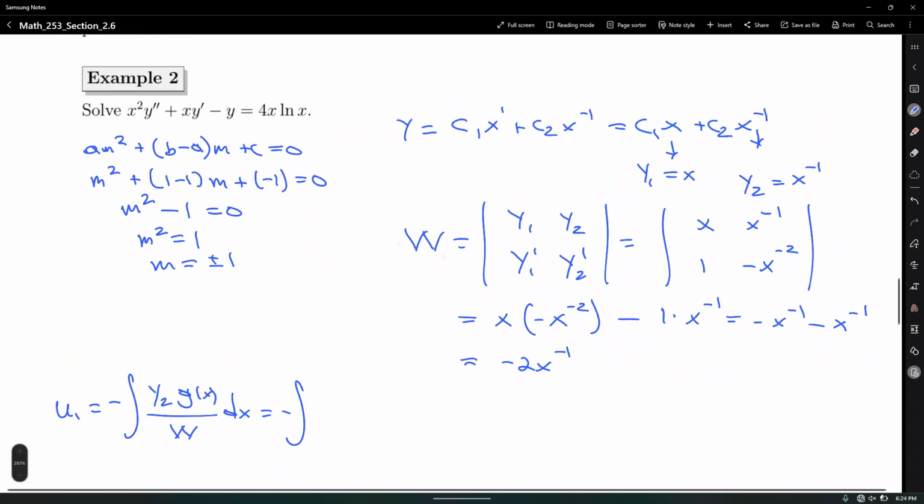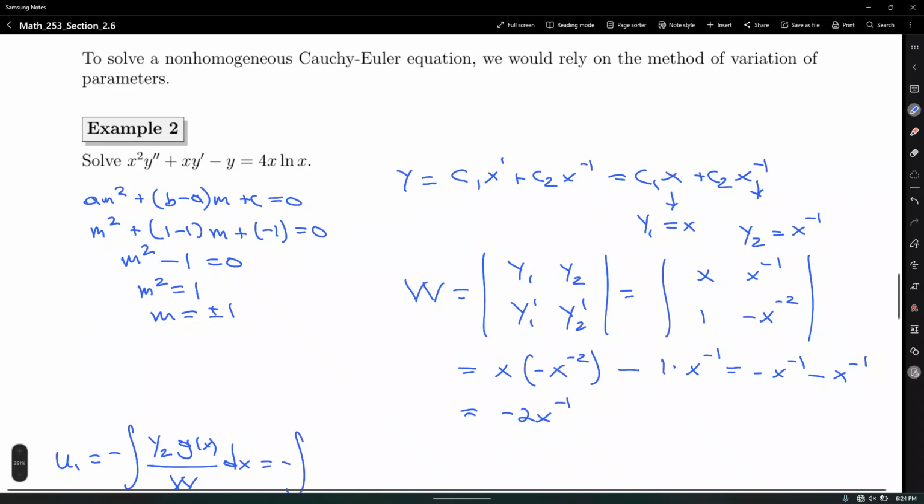We need to go back and do something interesting here, because I fell into my own trap actually. Before you attempt to evaluate these integrals, the first thing you need to do is make sure the highest order derivative term has a coefficient equal to 1.